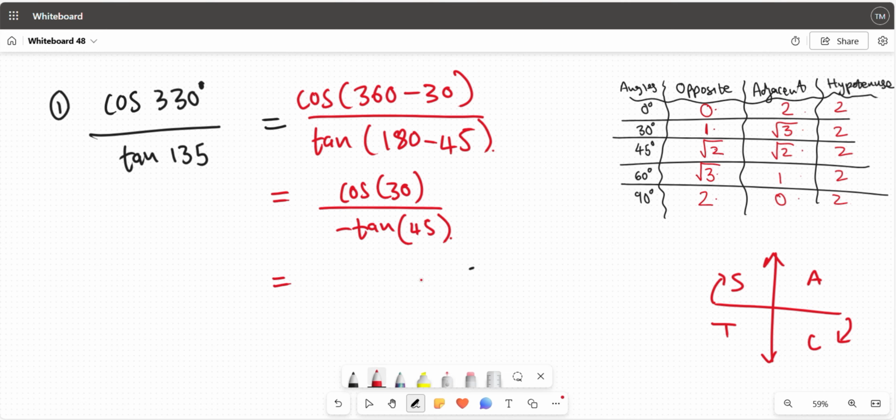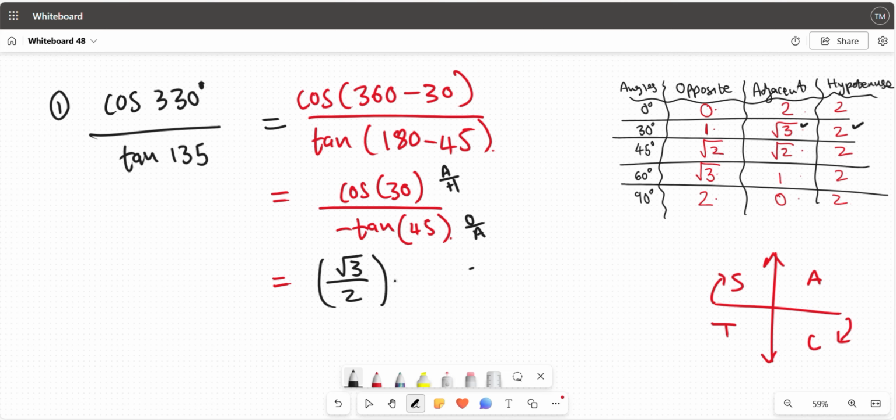And the fraction of cos, remember, is a over h. The fraction of tan is o over a. So let me just substitute. I go into the 30 column. I'm looking for this guy divided by this guy, root 3 over 2.